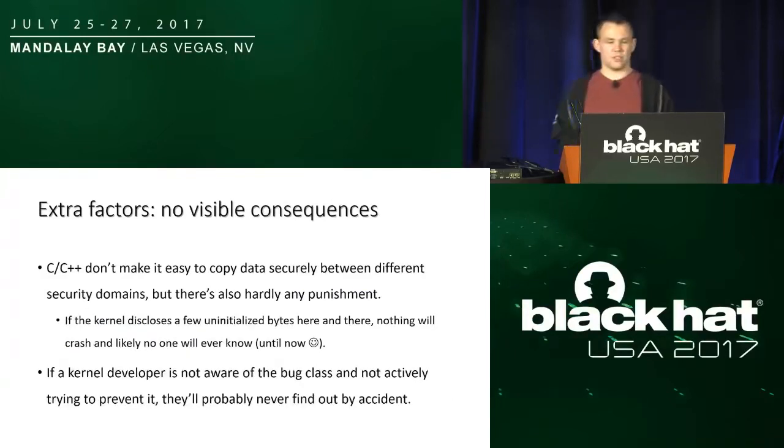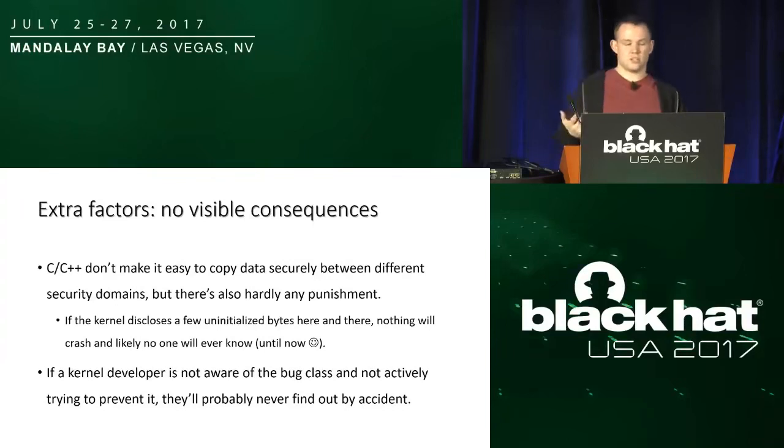Another factor is that there are no visible consequences of this kind of behavior. So even though C and C++ don't really make it easy for the code to copy data securely between security domains, there isn't any punishment if you fail to do it correctly.